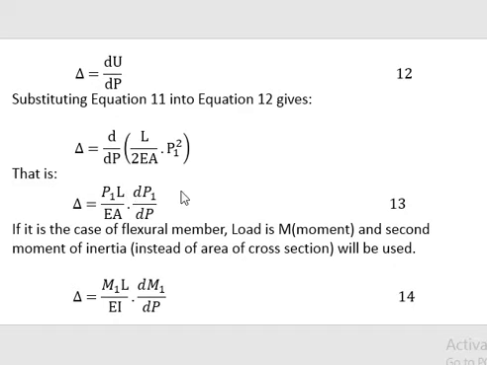But in the course of this course, we are dealing with beams or frames, as the case may be, that is, flexural frames. So in this case, we are dealing with flexural members. We are going to replace the load P with moment, and the cross-sectional area with the second moment of inertia.